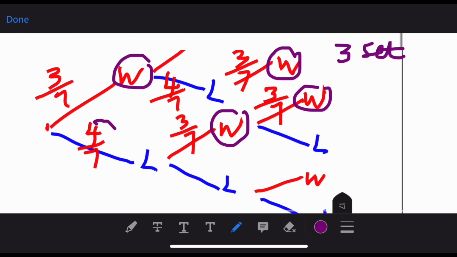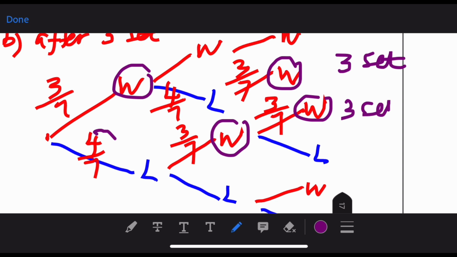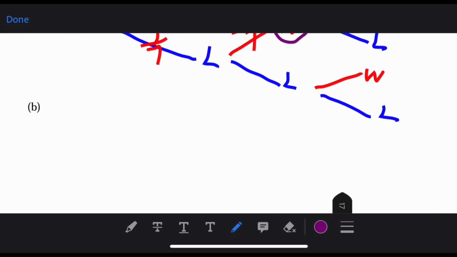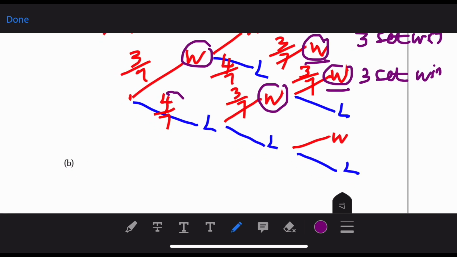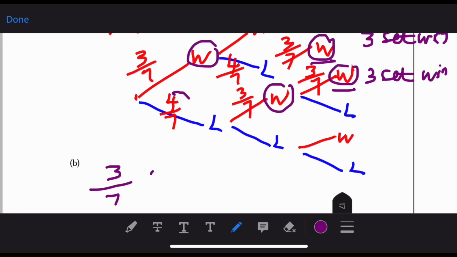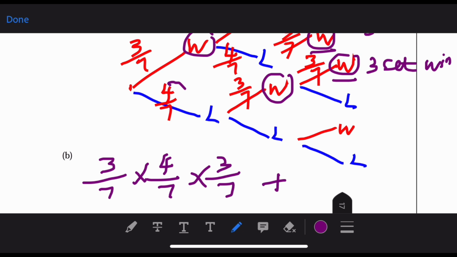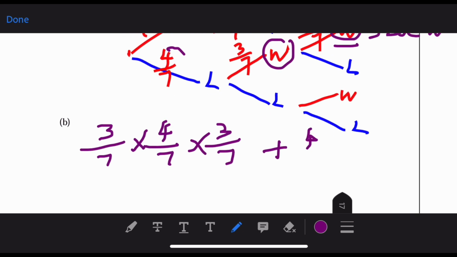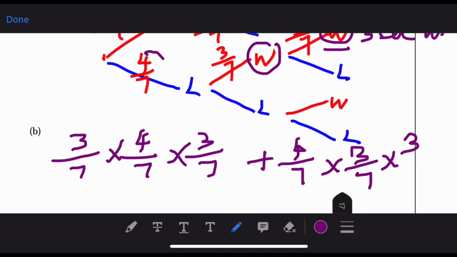So let's write the probability for the 3 set win. Then we are going to multiply all the probability values to get the answer. So the answer should be 3/7 times 4/7 times 3/7, or there's another possibility, so we have to plus 4/7 times 3/7 times 3/7.